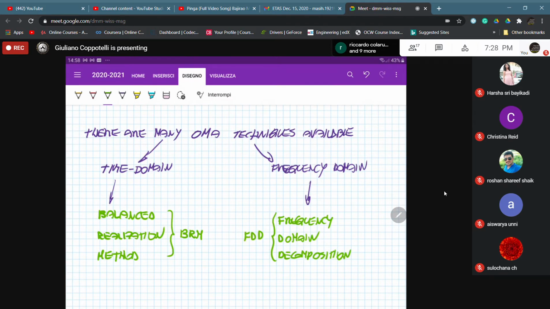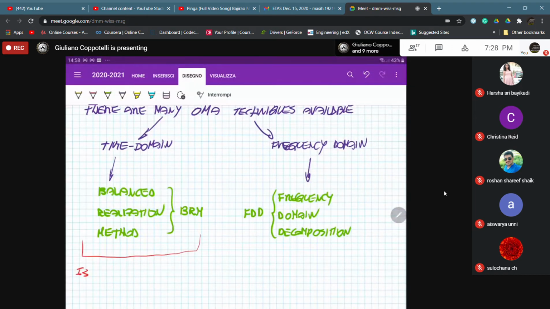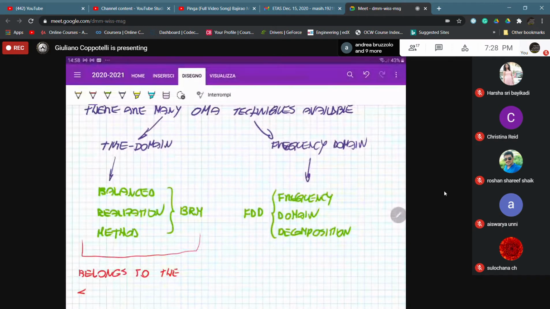By the way, this approach, the balance realization method, belongs to the so-called SSI techniques, more general techniques.